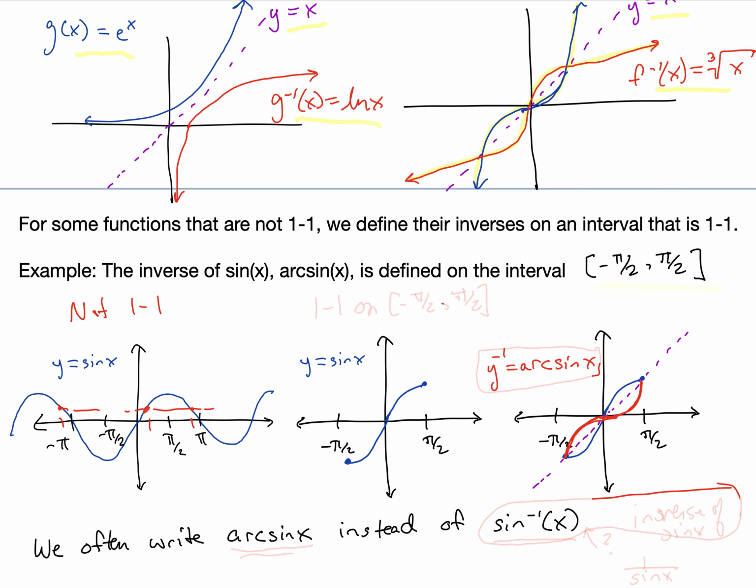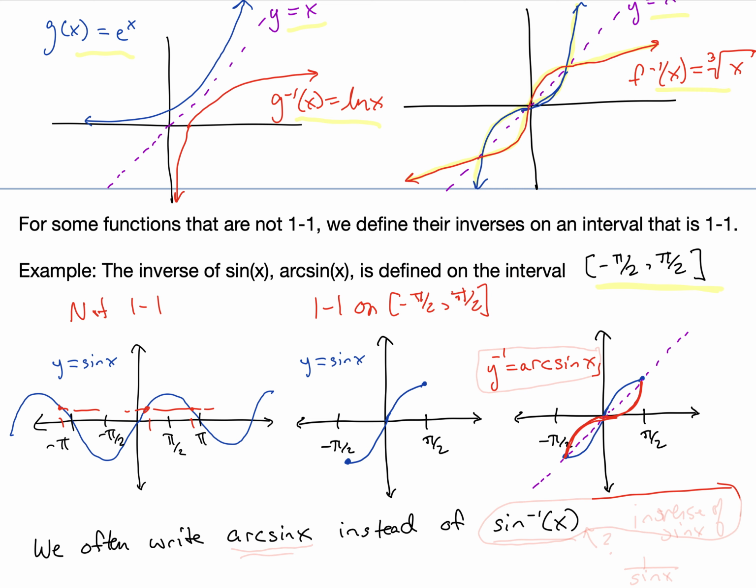It's a wave function that goes on forever in both directions. So instead, we choose a subinterval, and the subinterval that's generally chosen for sine to get its inverse is the interval from negative pi over 2 to positive pi over 2. So sine of x is one-to-one on that interval.